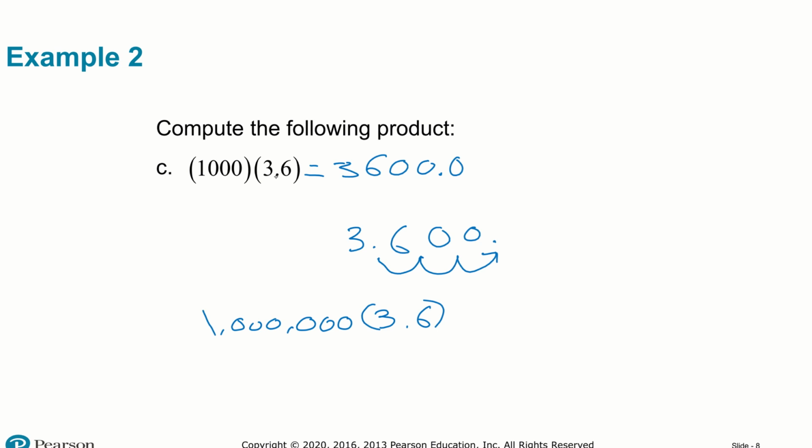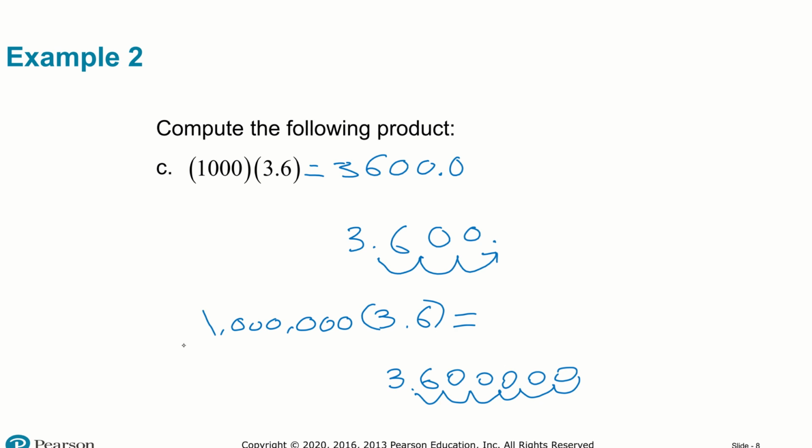See if you can quickly figure that out and then come back. Okay, so we'll do the prep first. So we're going to take 3.6 and we're going to move its decimal 6 places. Remember, as many places as you have zeros in the power of 10. So 1, 2, 3, 4, 5, 6, right? Fill in the zeros, and there will be your answer.